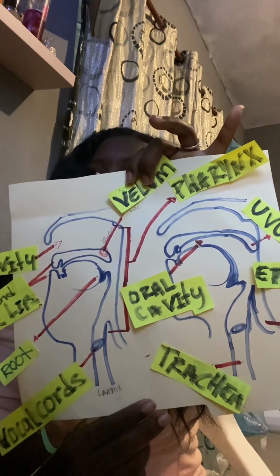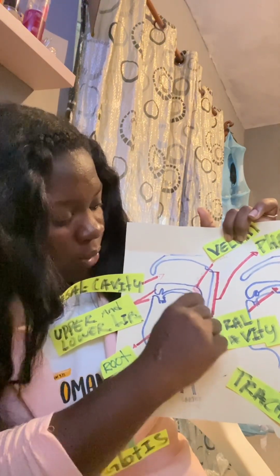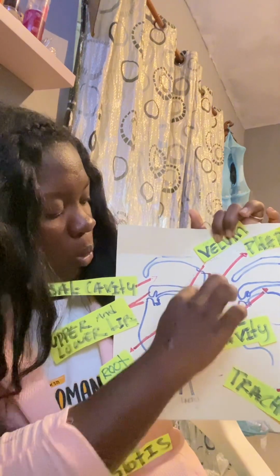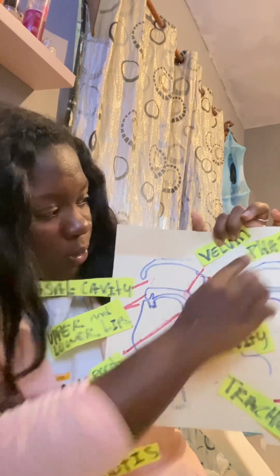So the pharyngeal cavity is a space formed by the root of the tongue, right over here, and also the walls of the throat. You see that part over here.